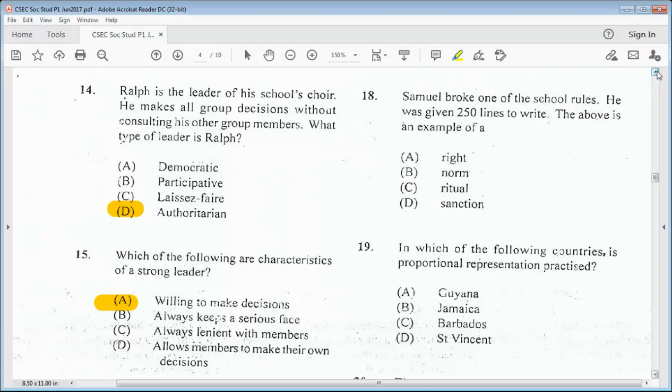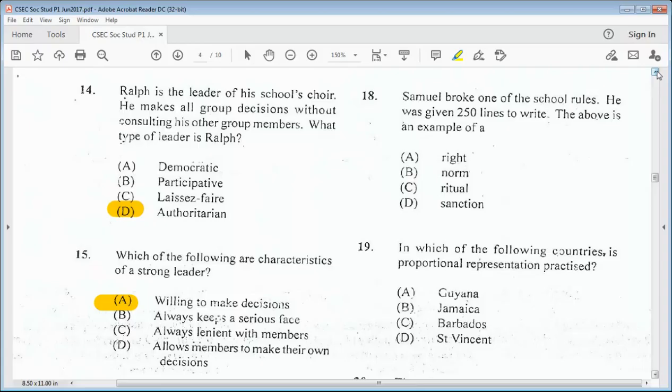Well, how do we assess to find out our answer? When you think of a right, what's a right? Well, a right is usually a conduct that is either morally or socially correct. What is a norm? A norm is unwritten rules about acceptable behavior. What about ritual?